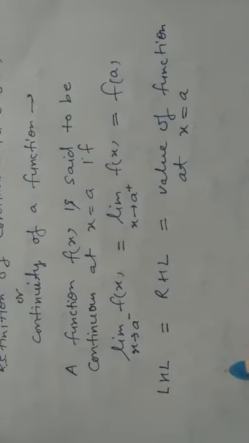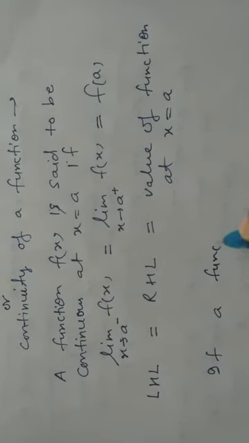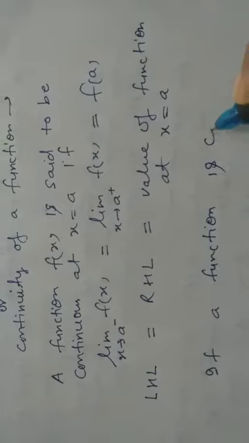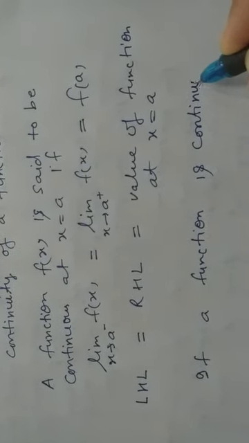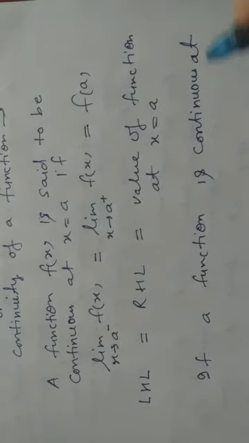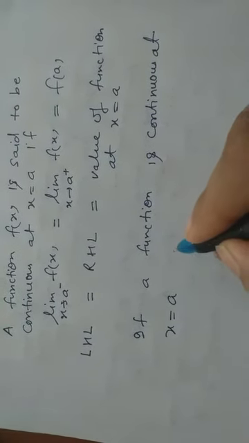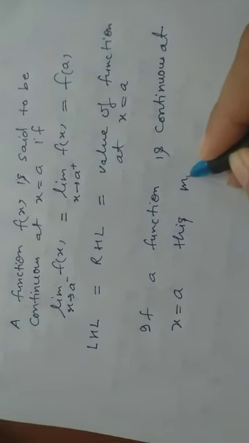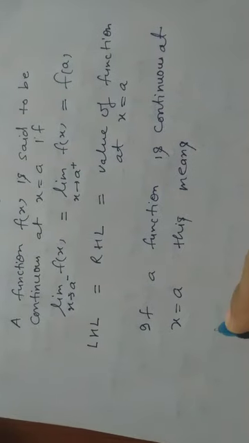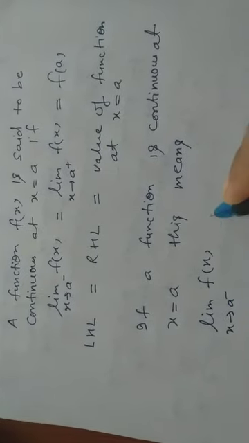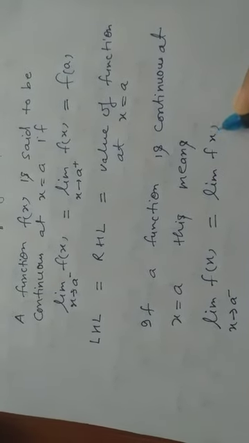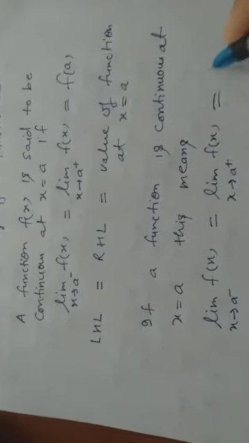So this means if a function is continuous at x = a, then the limit of f(x) as x tends to a minus is equal to the limit of f(x) as x tends to a plus, which is equal to f(a).